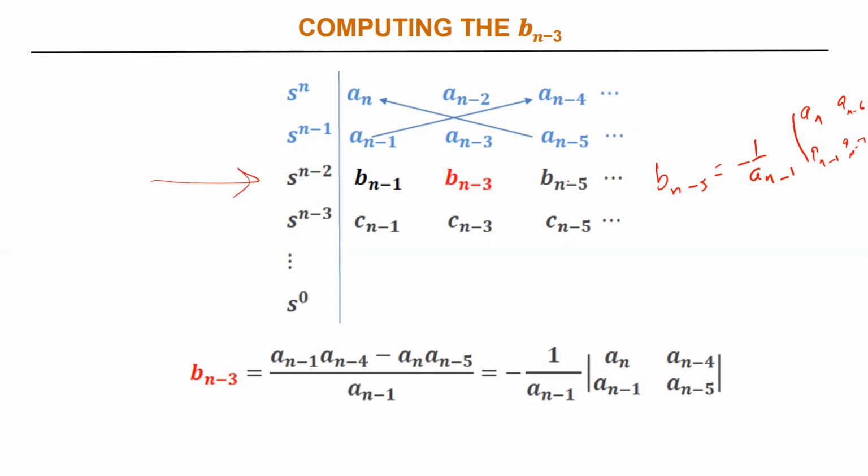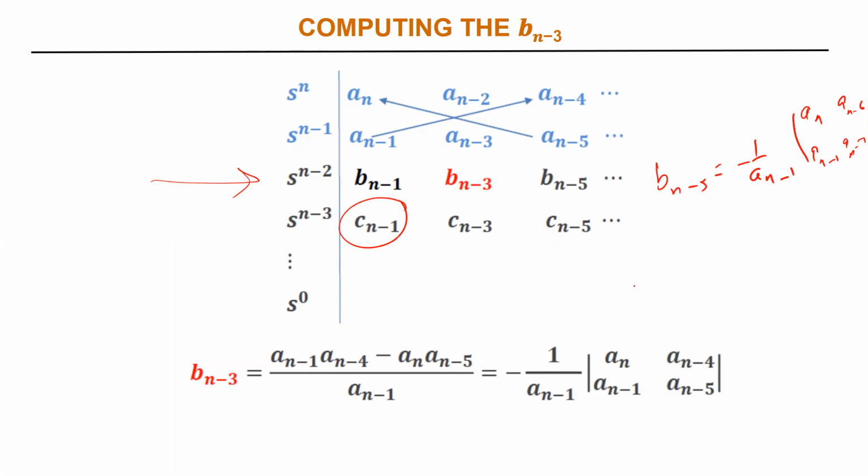Once you build this one, we build the third row based on the first two. What do you think c_(n-1) will be? We can do the same thing as with the b's.